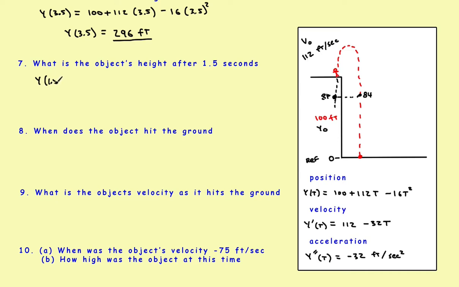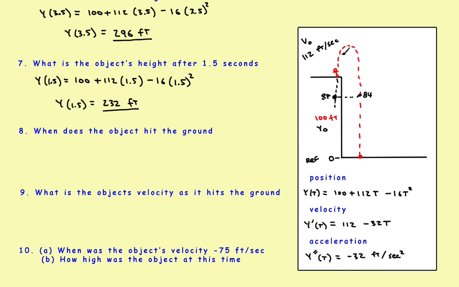So y at 1.5, just plug 1.5 into the position equation. So I've got 100 plus 112 times 1.5 minus 16 times 1.5 squared. So the object's height 1.5 seconds after you've thrown it would be 232 feet.